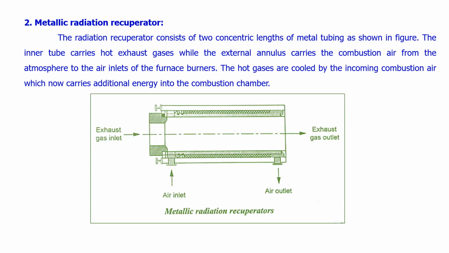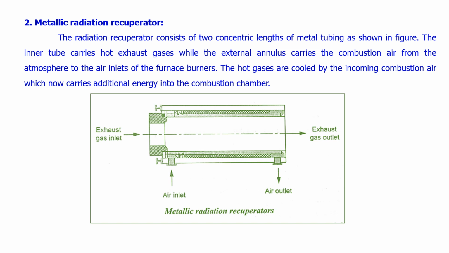This is called the metallic radiation recuperator. The radiation recuperator consists of two concentric lengths of metal tube. Whereas in the convective heat transfer we had a shell with a bank of tubes, here we have two concentric tubes. That is, one tube will be inside another bigger tube. The inner tube carries the hot gases, whereas the external one carries the combustion air from the atmosphere to the air inlet of the furnace burner.